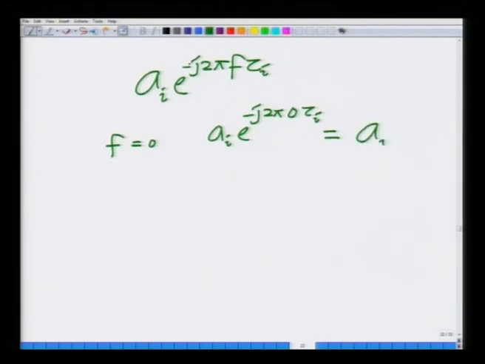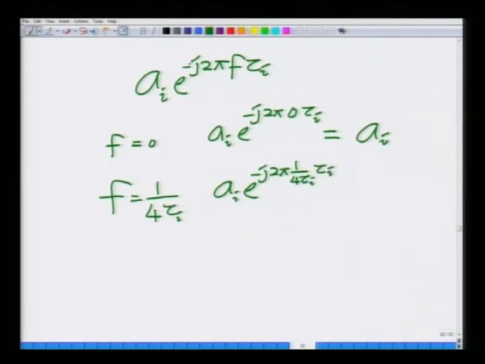Hence, this is simply a_i. At f equals 1 over 4 tau_i, this value is a_i e power minus j 2 pi times 1 over 4 tau_i times tau_i, which equals a_i e power minus j pi over 2, which is nothing but minus j times a_i.